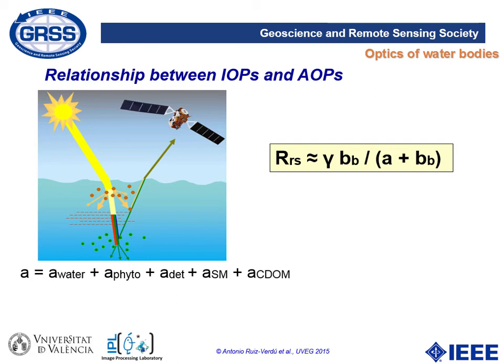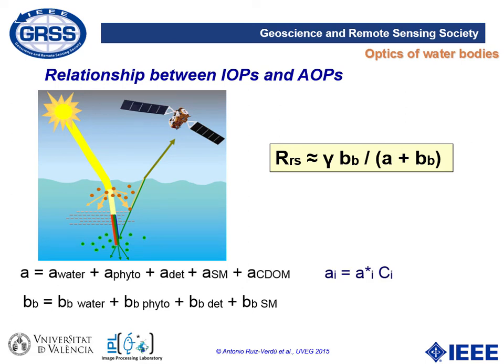Therefore, the total absorption coefficient of a water body can be expressed as the sum of the absorption of water, phytoplankton, detritus, suspended minerals, and CDOM. In the same way, the backscattering can be expressed as the sum of the scattering components. Here, CDOM is considered not to scatter light. In this range of wavelengths, the dissolved compounds do not scatter light.